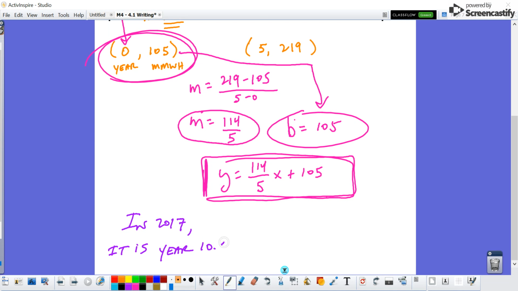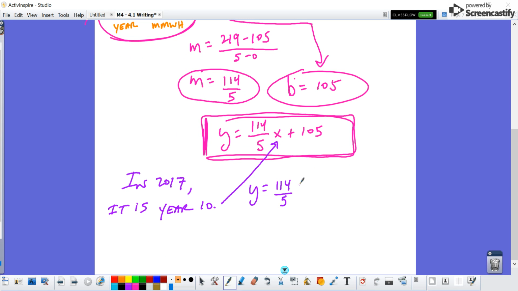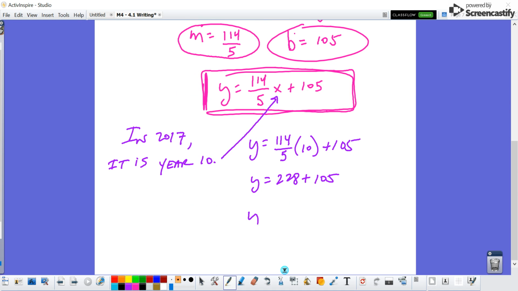So I would take my 10 and I would put it up in x's spot. So now I'm looking at y equaling 114 fifths times 10 plus 105. That's 228 plus 105. And that will be a total of 333.